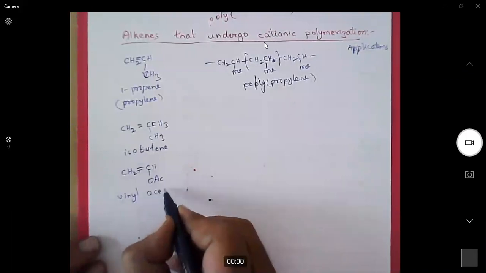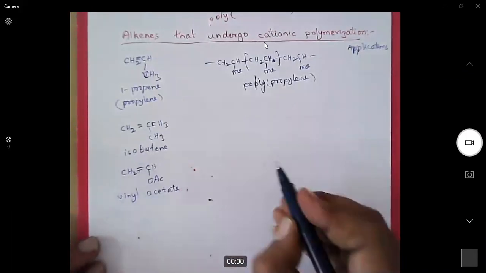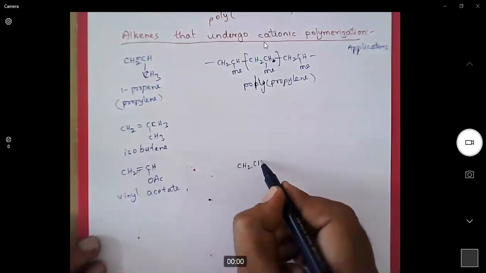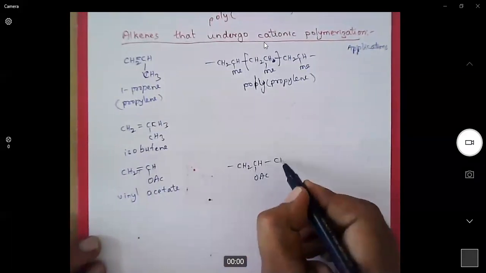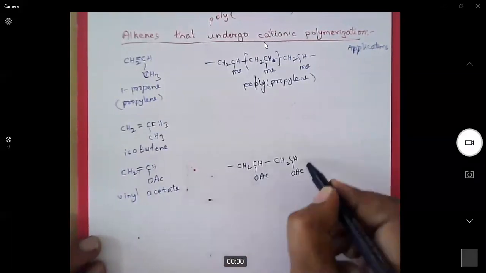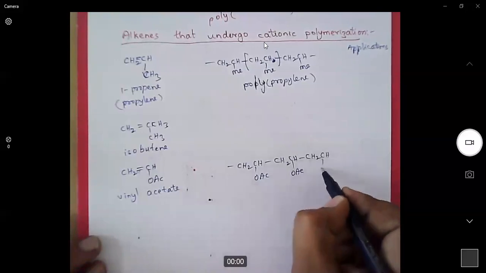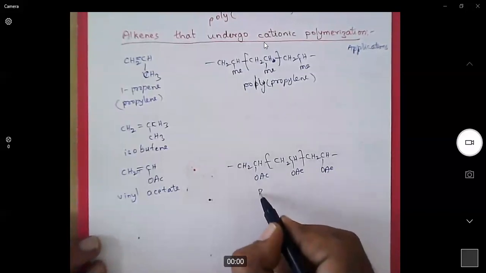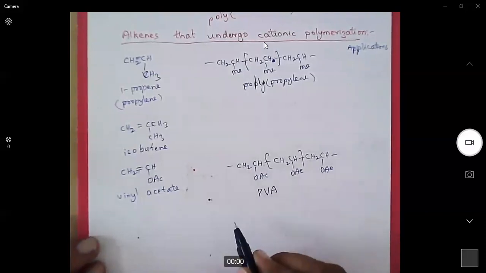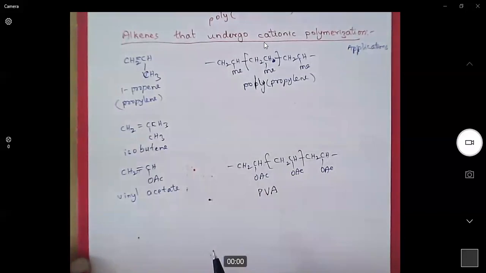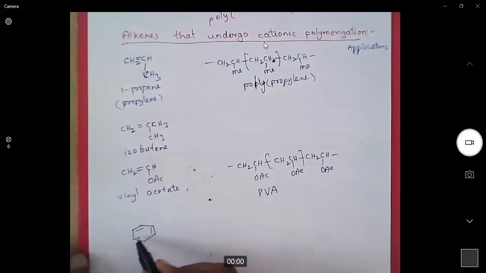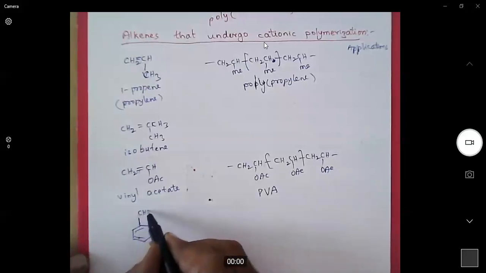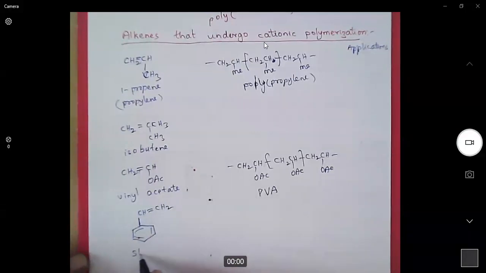Vinyl acetate. When it undergoes polymerization, we will get polyvinyl acetate, PVA. Then styrene.